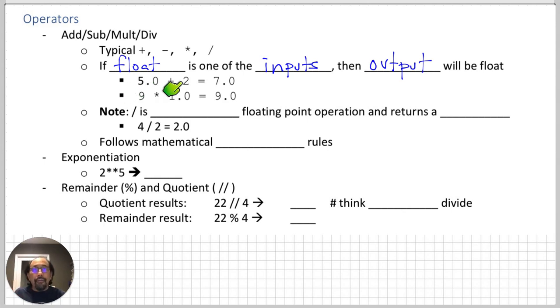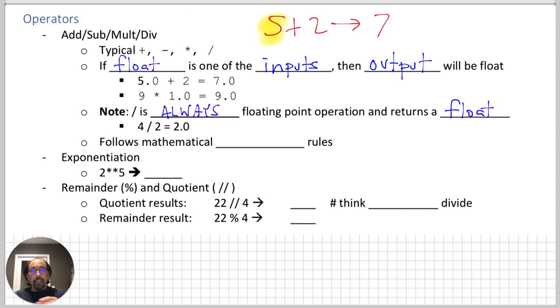If I have floating point on either side of my operator here, the answer will be a floating point. If I have integers on both sides, so if I have 5 plus 2, so integer plus integer, I get an integer answer. So always think about data types, because you want to know what the data type of your answer will be.